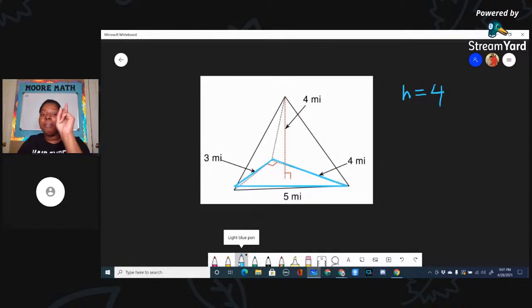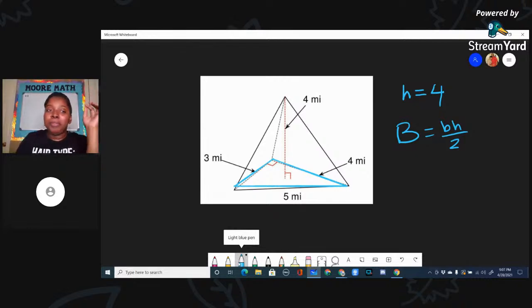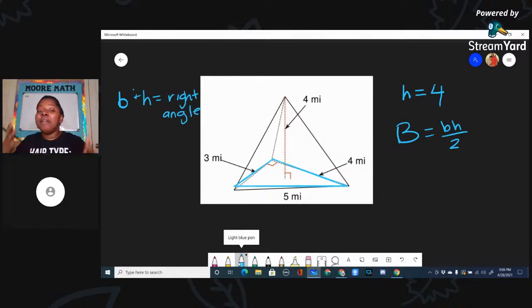However, you already know, because you've told me before, that the area is base times height divided by 2. What they're doing right now is trying to confuse you. But I know you know, because you told me before, that the base and the height have to form a right angle. So the base and the height of a triangle have to form a right angle. Okay, so what number are they trying to confuse you with that does not form a right angle? Because 2 of the sides have to form a right angle with each other.